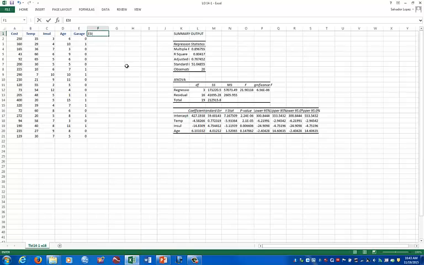Okay, so I can estimate the estimated values of y, or y hat. The estimated cost is simply equal to the formula.